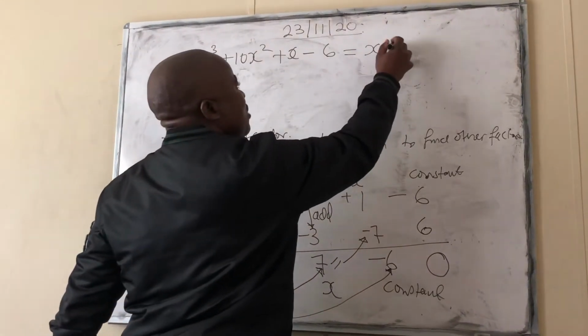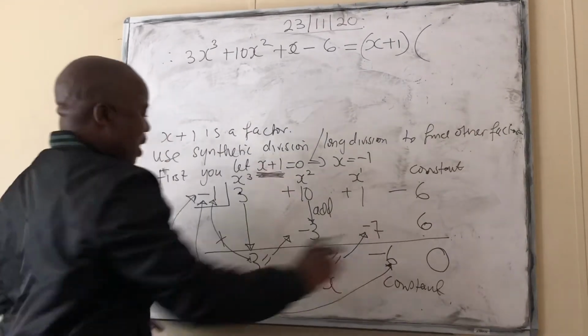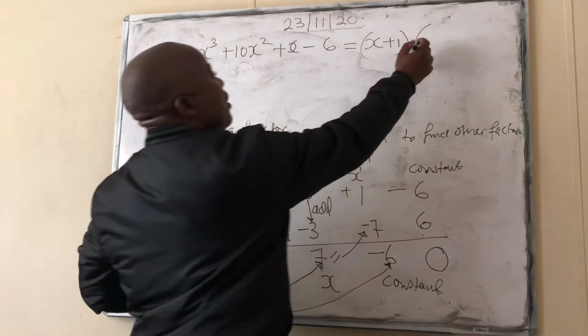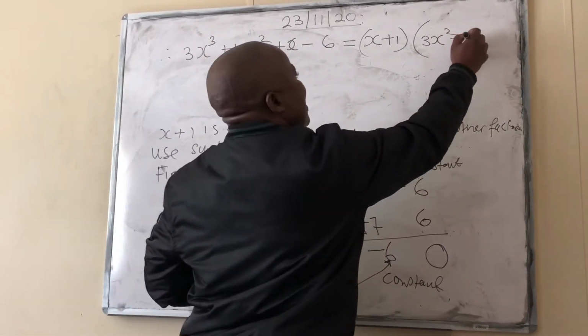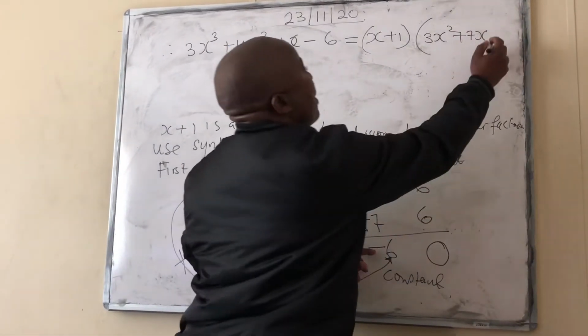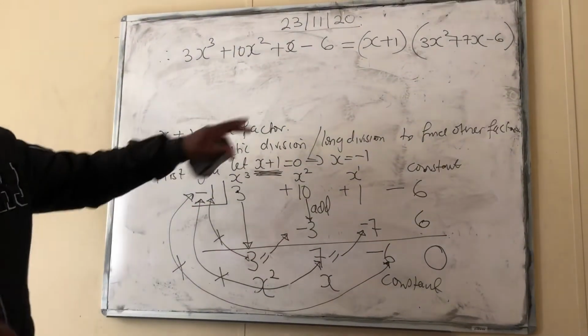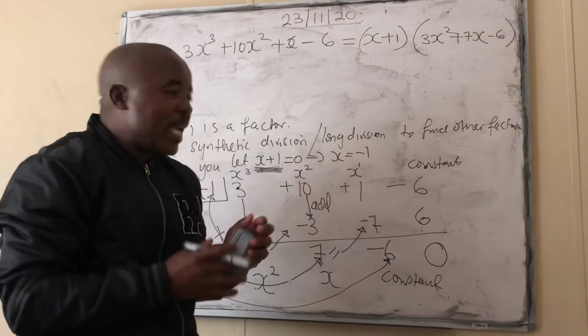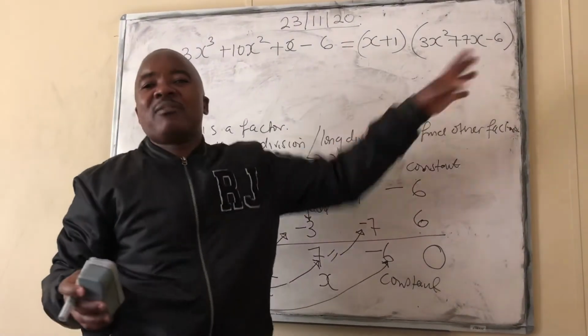So this will be x plus 1 times this one here, which will be 3x squared plus 7x minus 6. So once you are here, you check the brackets whether these are fully factorized.